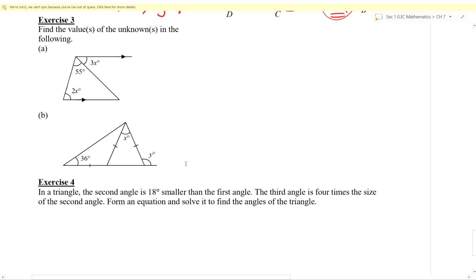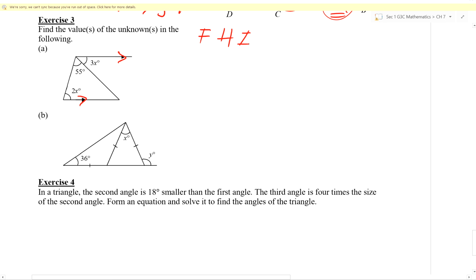In exercise 3, find the value of the unknowns in the following. Since these are parallel lines, we go back to our F, U, and Z. Which letters can we find over here?